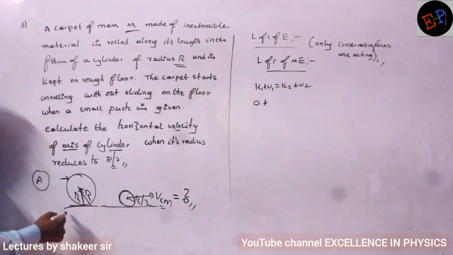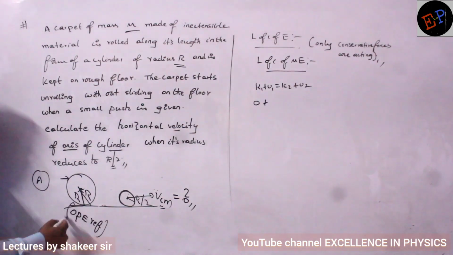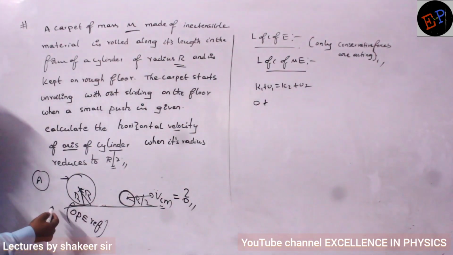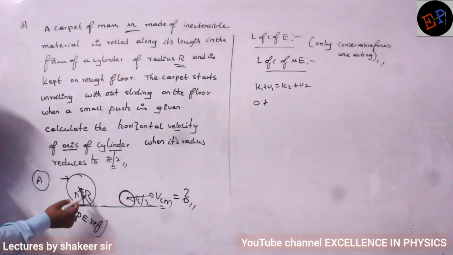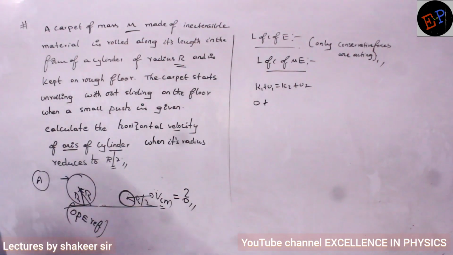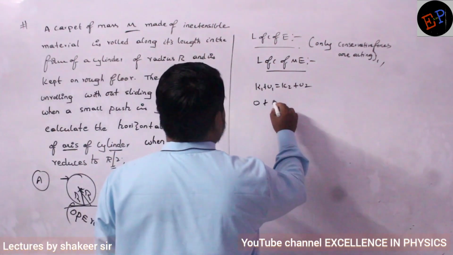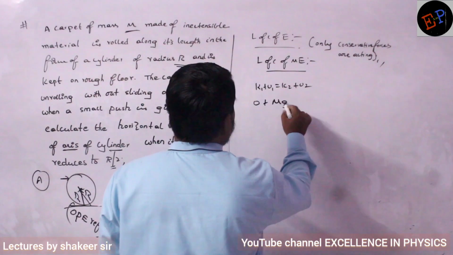I will take the ground to be the 0 potential energy reference. Compared to this reference, the point is above it, so positive potential energy. So plus m g r.